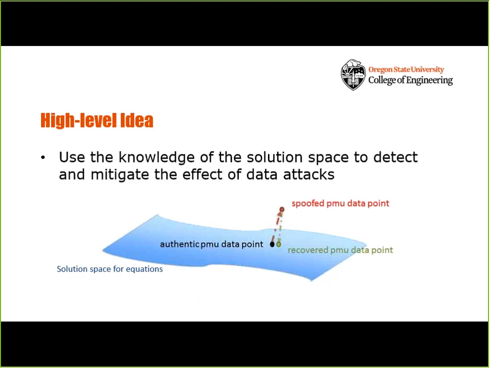The authentic original PMU data point collected from the network should lie on the solution space of this system equation. When the malicious data attack occurs, this authentic PMU data point is moved further away from the solution space. So our objective is to bring this spoofed PMU data point back onto the solution space by using projection techniques, such that the recovered PMU data point is as close as possible to the authentic PMU data point.